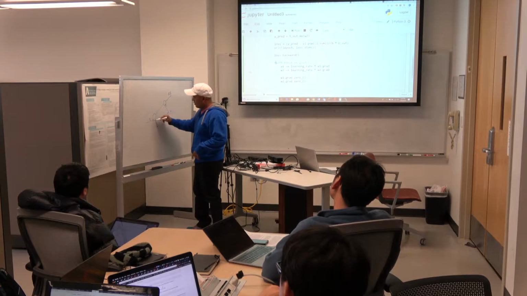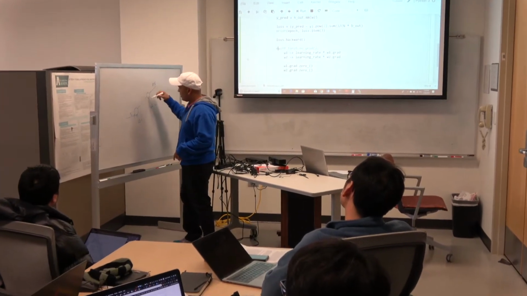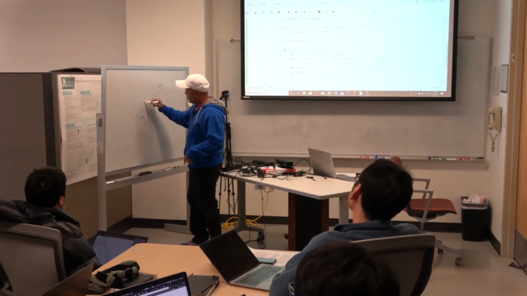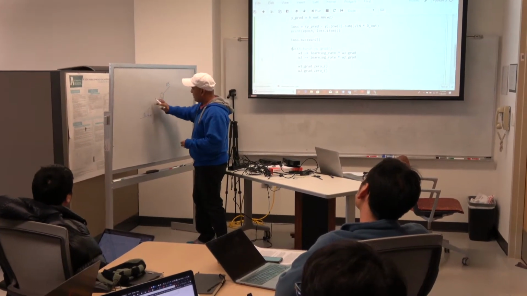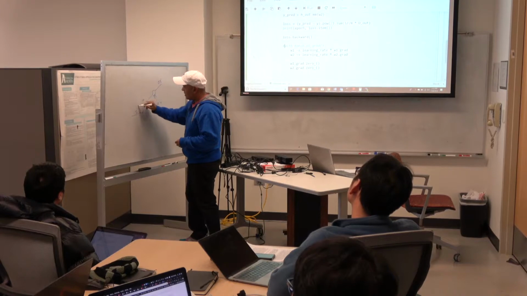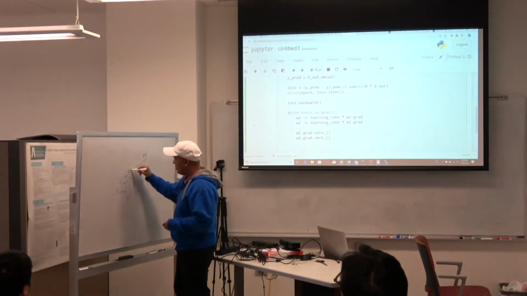So this is the input, and then here we get this y. The inputs, the hidden layer, so that's all.